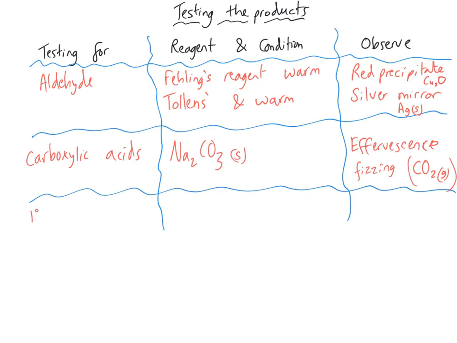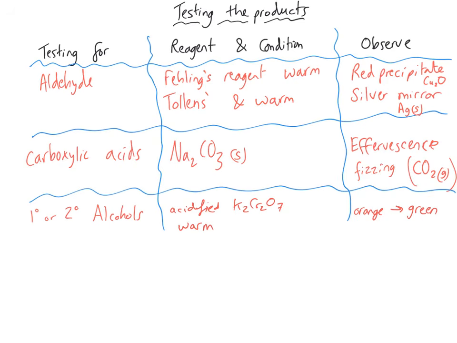And last of all, primary or secondary alcohols, we might want to prove that we've still got some left over, or we might just be asked what would we observe in the experiments that we've just been describing on the previous pages. If you were doing a small test tube reaction, you would use acidified potassium dichromate, and it needs to be acidified, and then we warm it gently, and the colour will change from orange for the acidified potassium dichromate, and it would go green, proving that we have got an alcohol present.